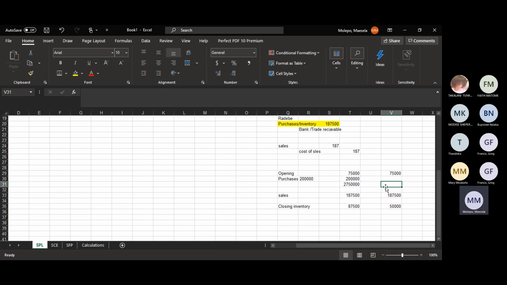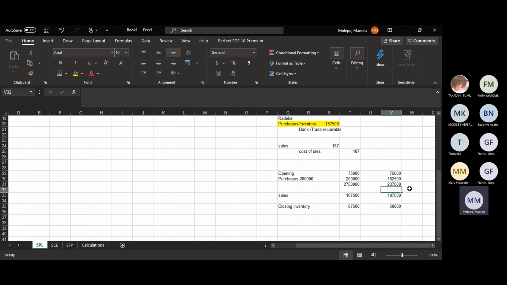So our purchases as a balancing figure will be 162,500. It is the balancing figure; we are not given it, we don't even know it. So if you say 75,000 plus 162,500, we have 237,500. Then you say 237,500 minus 187, the one which we sold.